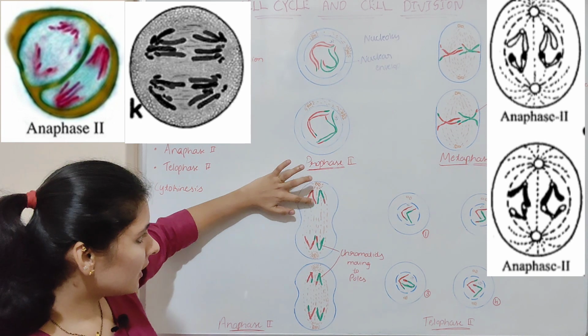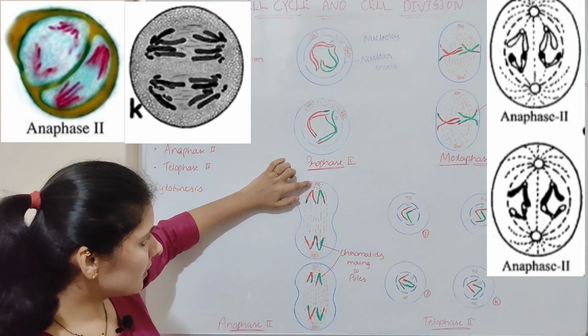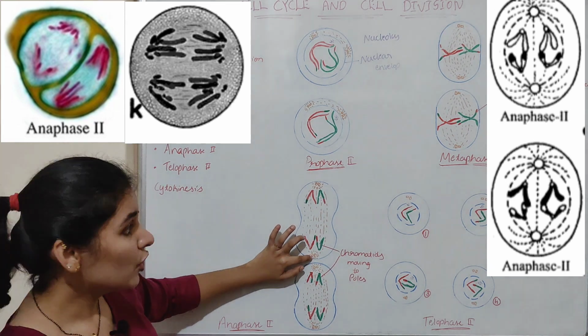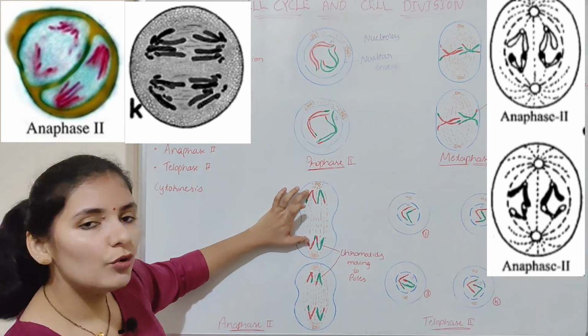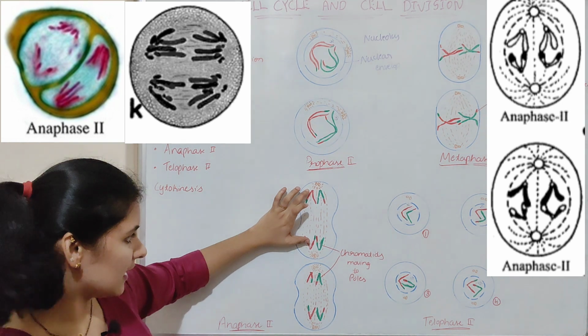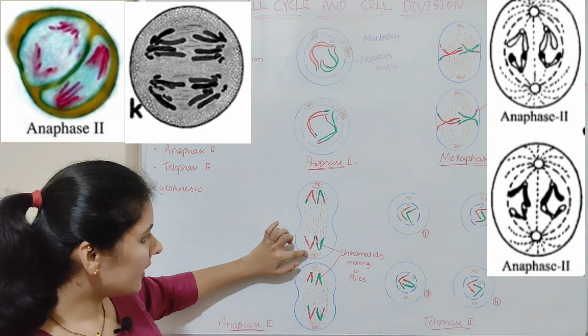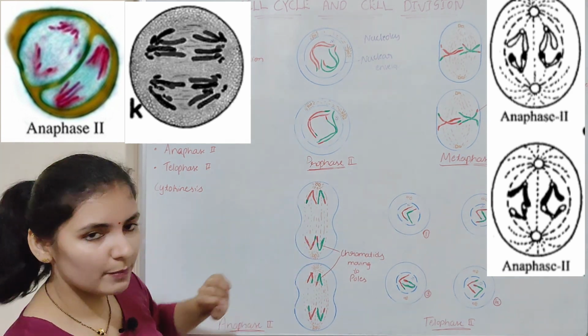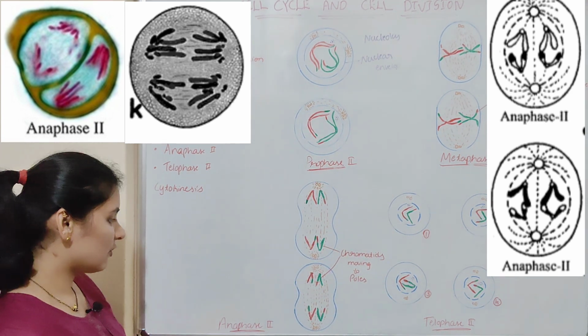As you can see in this diagram, this is one chromatid moving towards the north pole and this is another chromatid moving towards the south pole. So two separated chromatids move towards the two opposite poles of the cell. During the movement of this chromatid, the kinetochore is towards the centriole and the arms trail behind it. So that is about the Anaphase II.